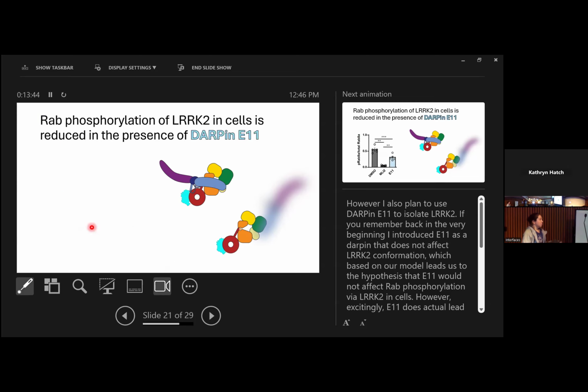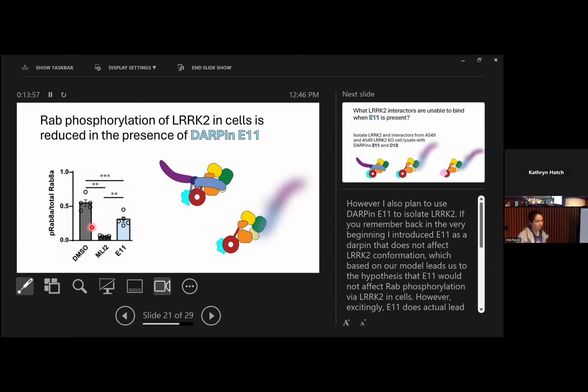And so you would think that in cells, it would have no change in Rab phosphorylation. You would have your baseline Rab phosphorylation and then the same amount when DARPin E11 is present. But actually what we see is that Rab phosphorylation by wild type LRRK2 actually decreased in the presence of DARPin E11.